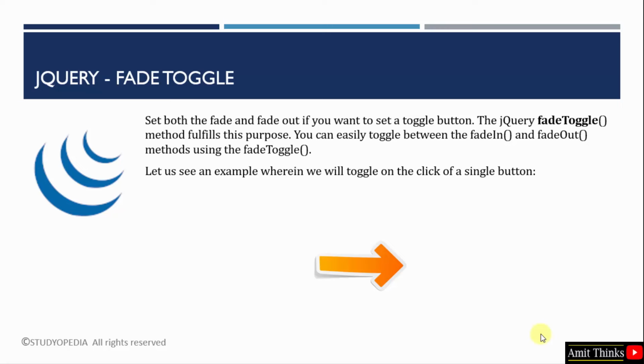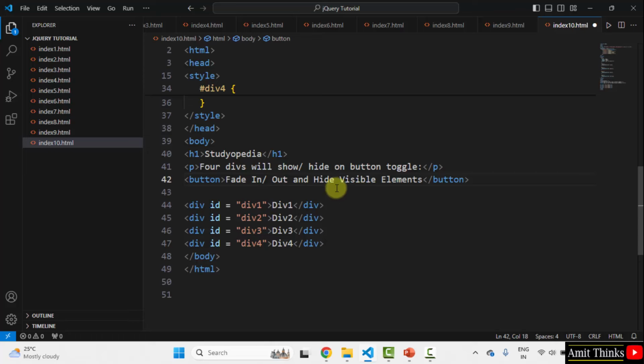First, let me change this. 4 divs will show and hide. On button toggle, let's say fadeIn, fadeOut and show hide visible and show hide elements.